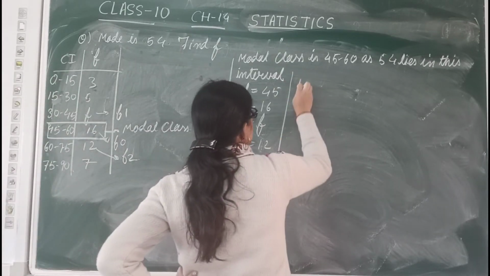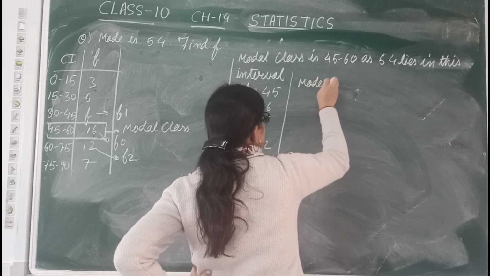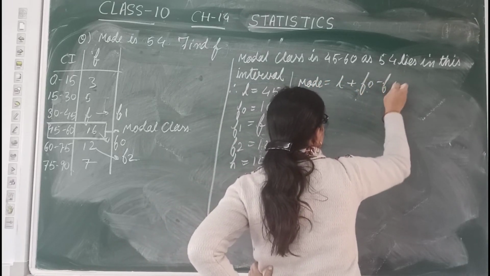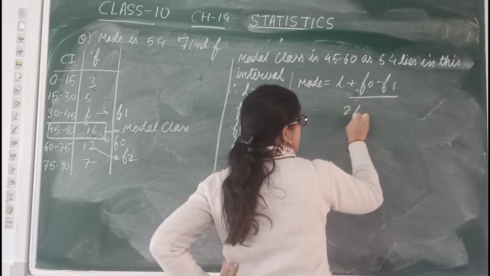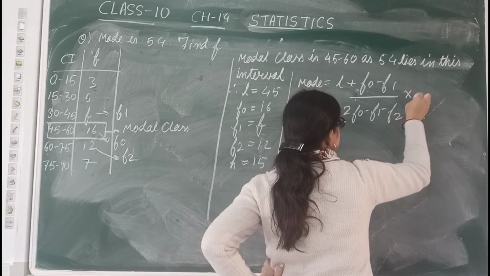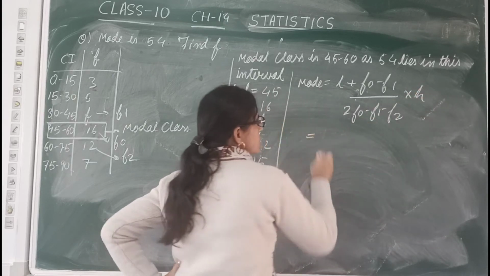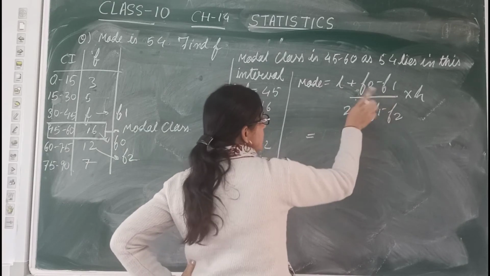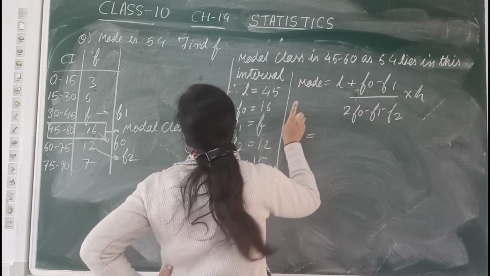Now, mode equals L plus (F0 minus F1) by (twice F0 minus F1 minus F2) into h. So, L value is 45 and mode is equal to 54.